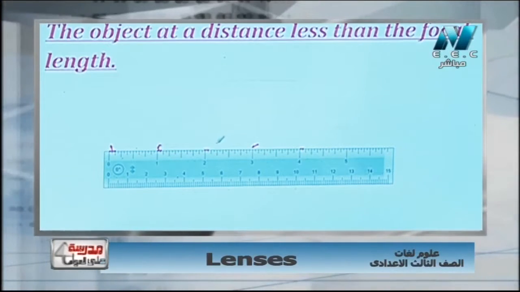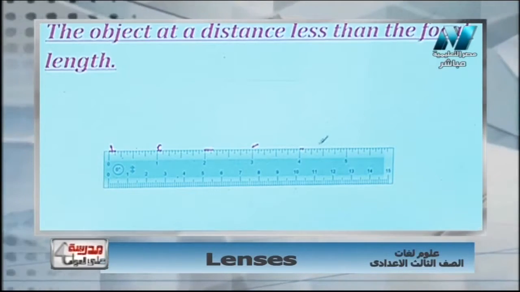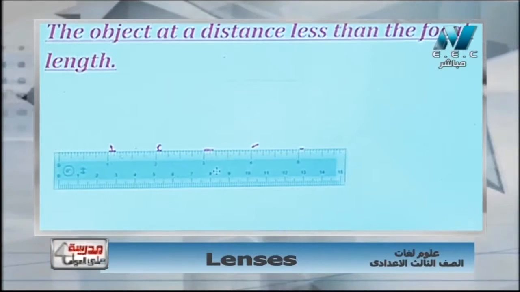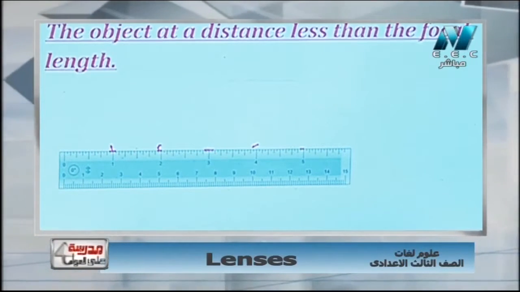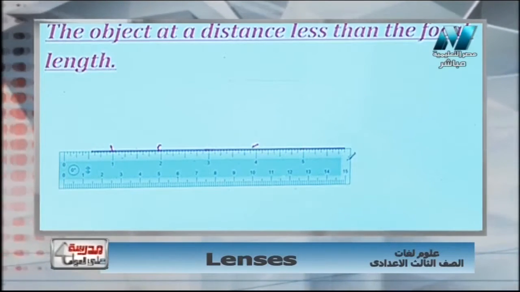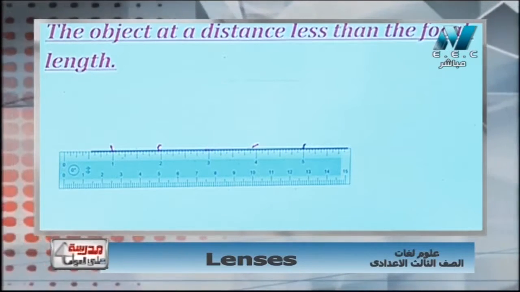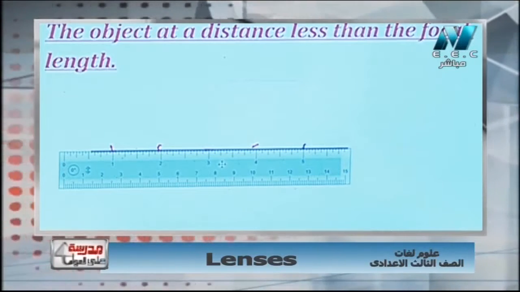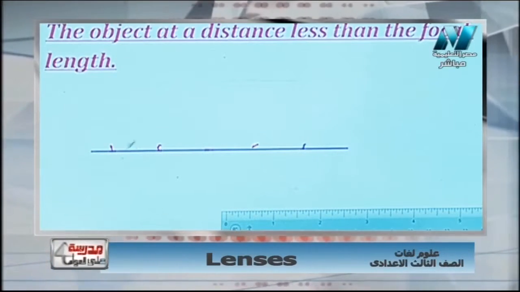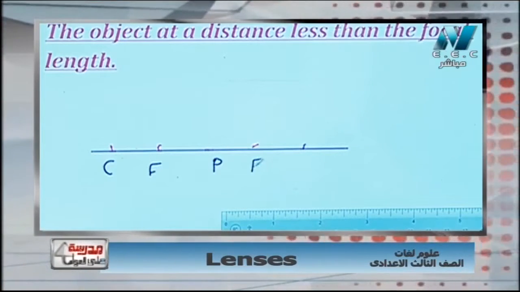The points are clear, as you see here, to draw the principal axis. So we have, as in the previous problem, C, F, P, F, and C.